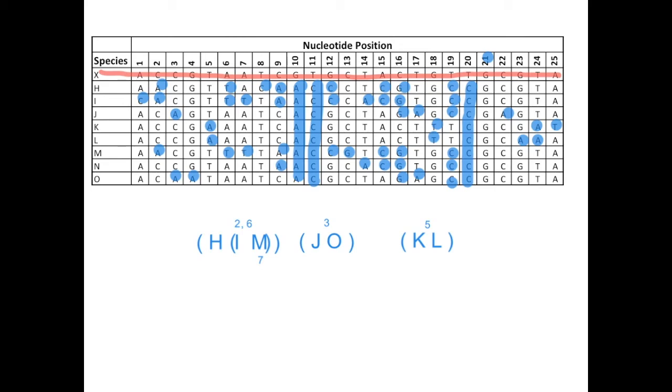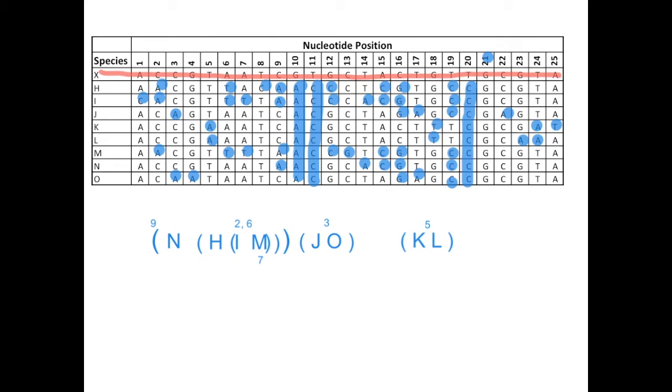If we look at 8, there's only one, so uninformative. Move on to number 9. We have H, I, M, and N this time. So we'll make a bigger group that includes H, I, and M, and also includes N. So that will be trait 9.